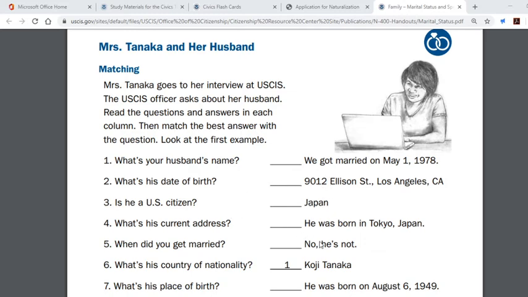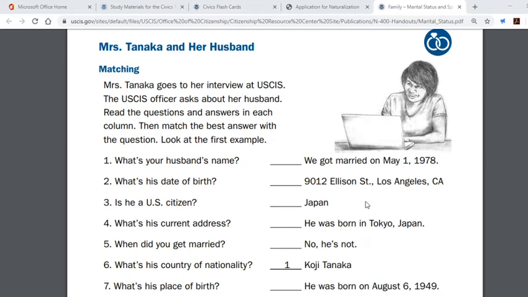This column is the questions, and this column is the answers, okay? So let's look at the first example. Number 1, what's your husband's name? Which one makes the most sense? Which one matches? Right, Koji Tanaka.